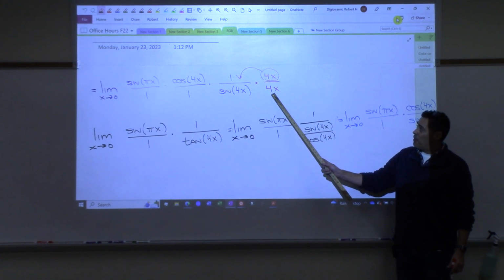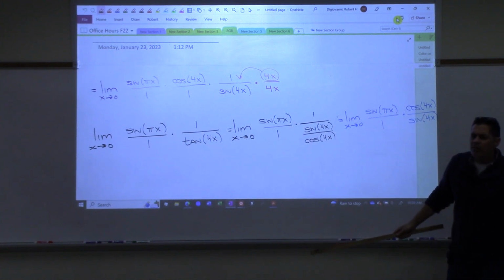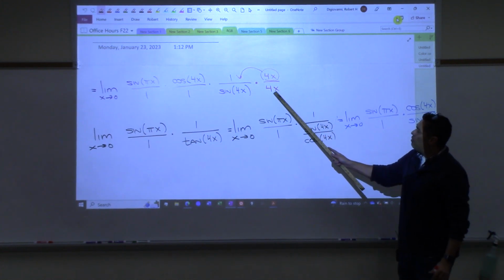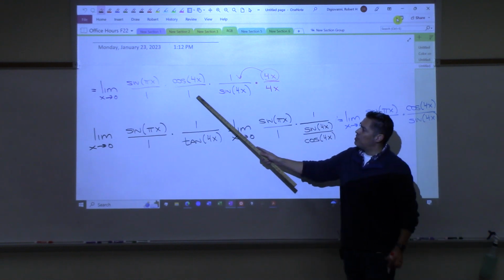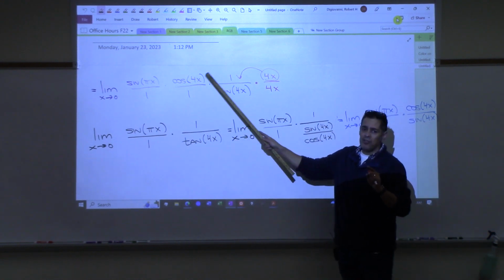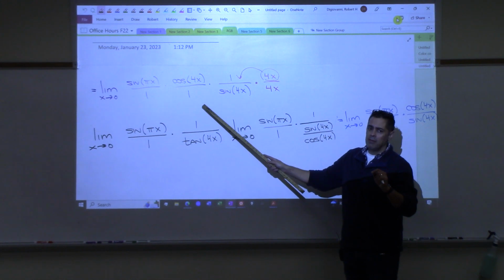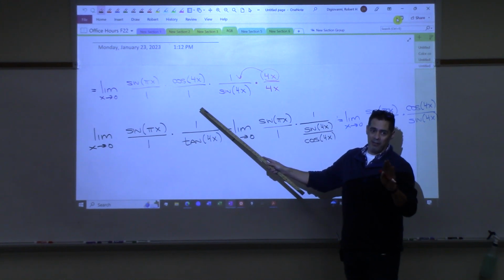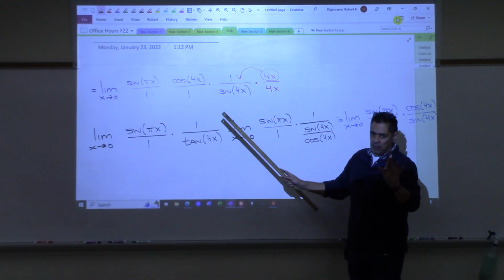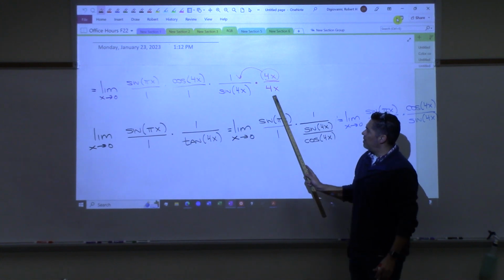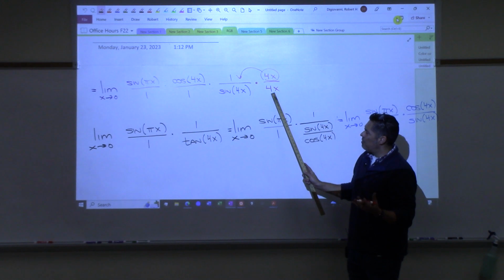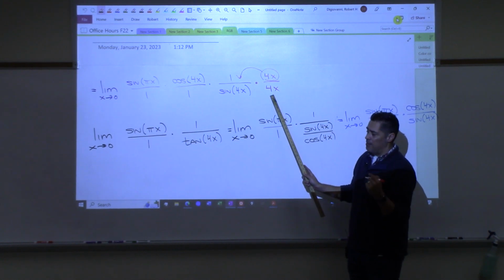So how am I going to resolve that? If we move this under the cosine 4x, does our formula say that cosine junk over junk goes to 1? It's only sine, right? So you're on the right track. We're going to move something here, but it's not the 4x, because we can't use the junk thing unless we've got a sine on top and bottom.